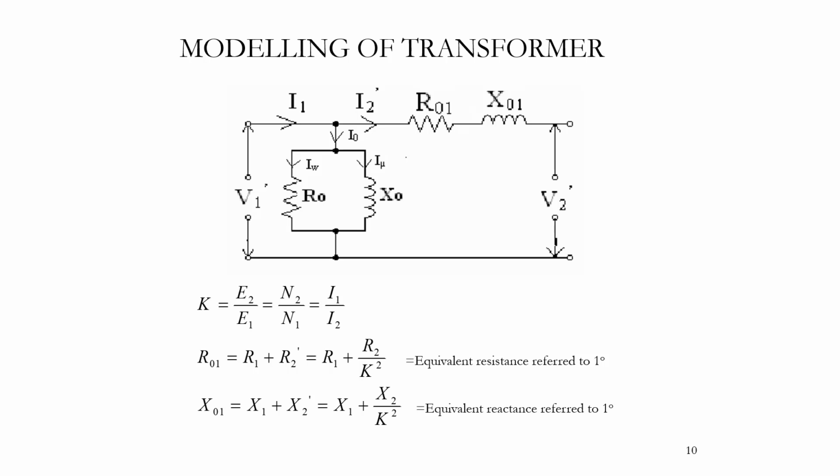R2 dash is nothing but R2 divided by K square. Similarly, the reactance X01 is nothing but X1 plus X2 dash, which is X1 plus X2 by K square.